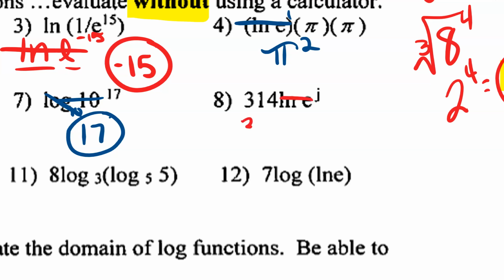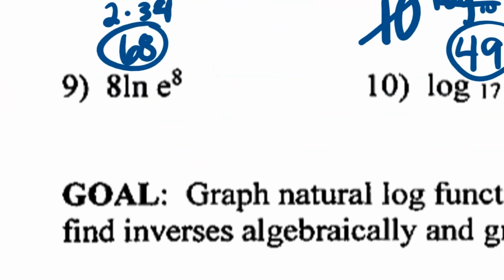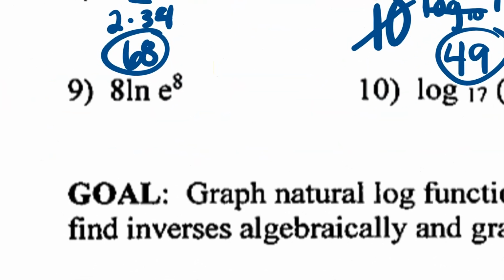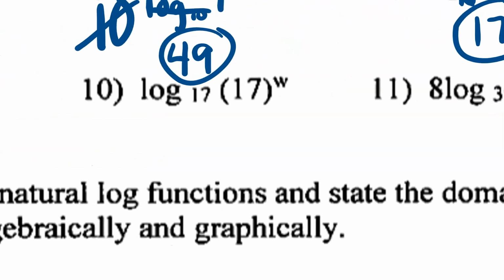We're left with 314 times j. 314j. Log base e, exponent base e will cancel. We're left with 8 times 8, so 64. Log base 17 cancels with exponent base 17, so we're left with just w.